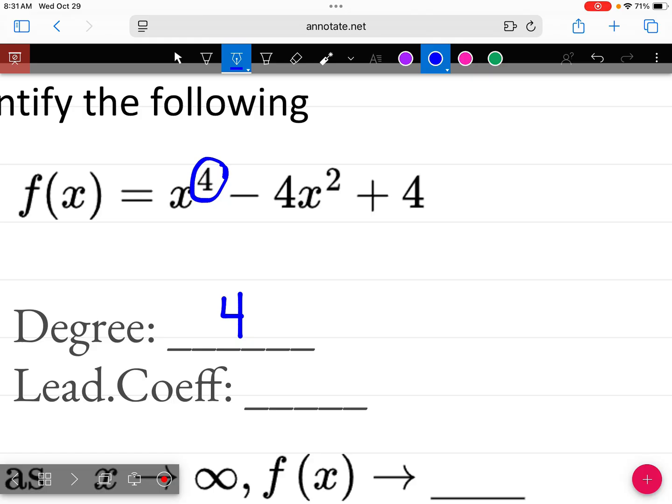What's our leading coefficient? 1. It's the number in front of whatever that term is. So we've got a positive 1 here. Which means, is this even or odd? Even. Is it positive or negative? Positive. So we're looking at an even positive.